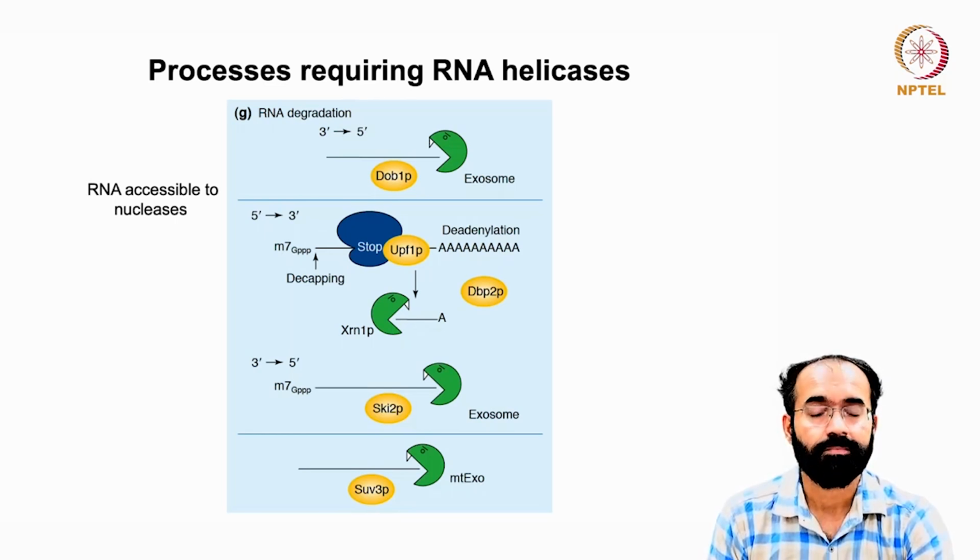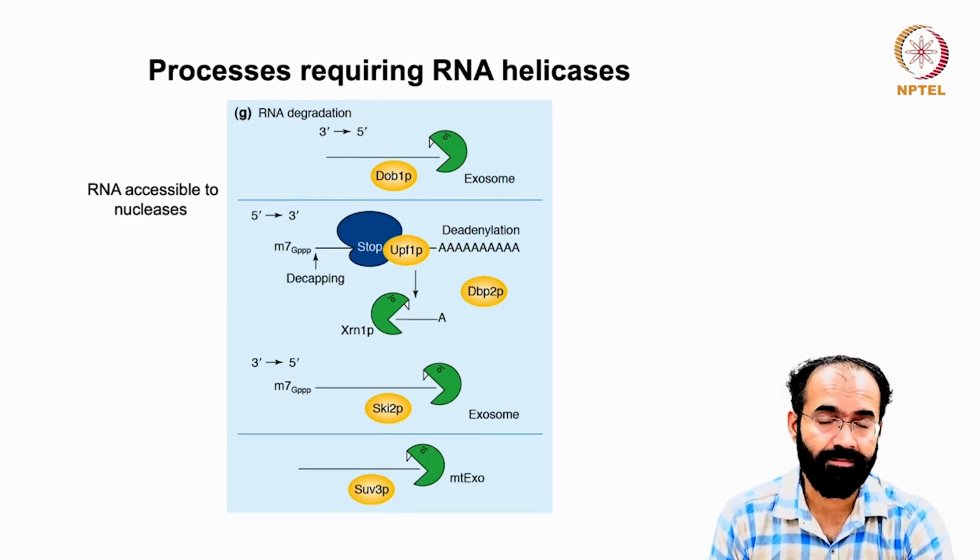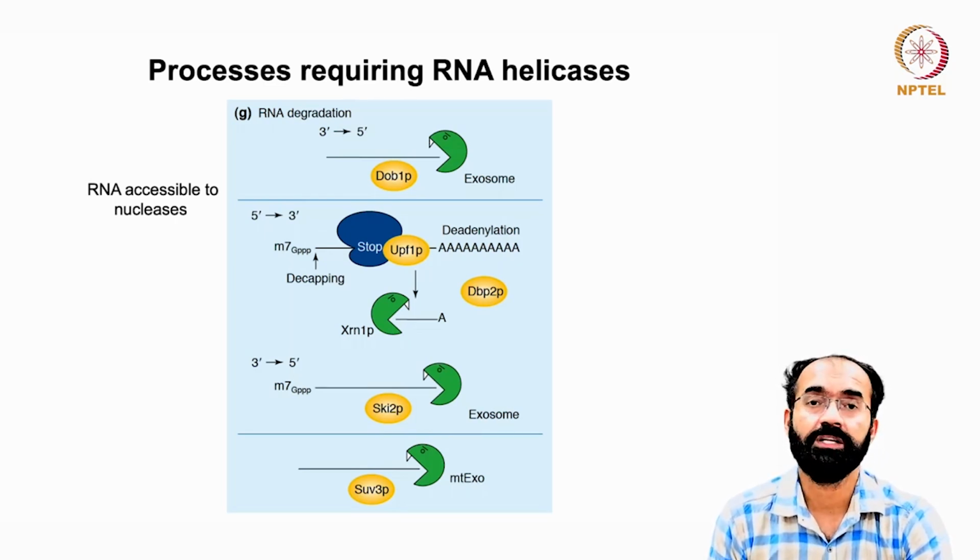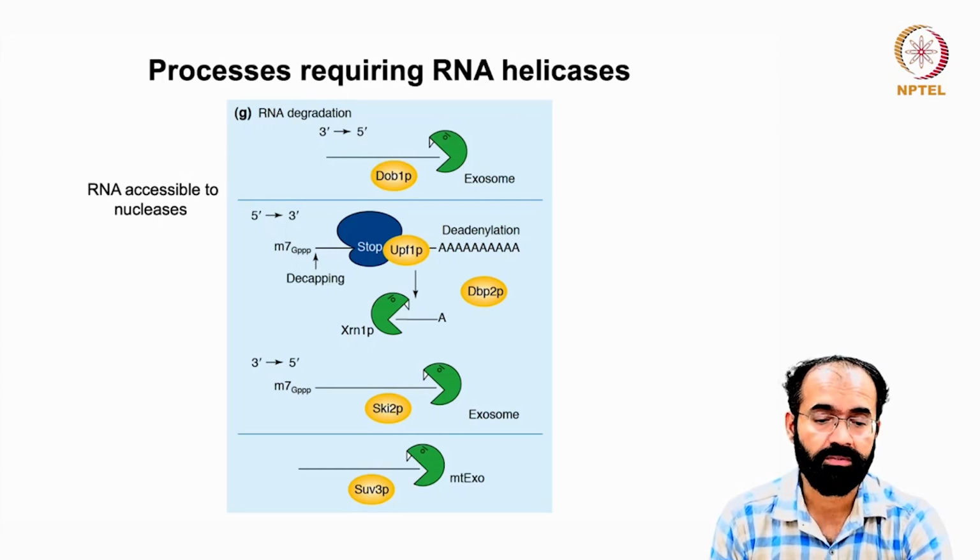So for some RNA, when the exonuclease has to act from the 5' end, decapping is required, because if the 7-methylguanosine cap is there, it will not allow any exonuclease to act. So the cap has to be removed, and decapping requires UPF1P.